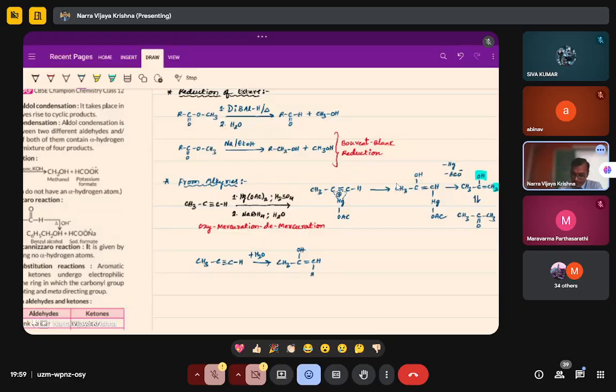Okay. Here, the OH group went to the more substituted carbon. That's why it is a Markovnikov addition reaction. OH and H got added in opposite directions. That's why I call it anti-addition.